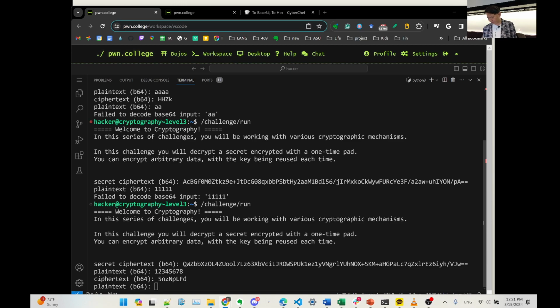So in level 3, we also need to interact with the process, right? Like this, we can input some arbitrary string or characters, and we can observe the output.